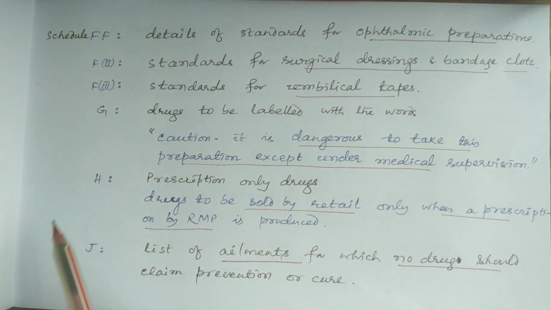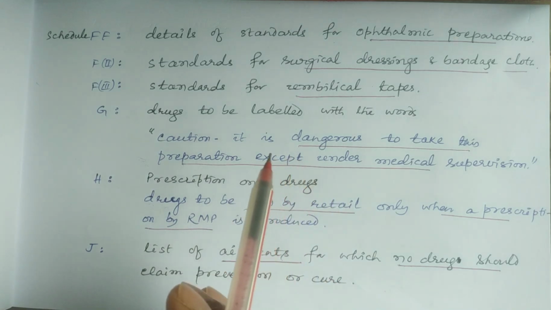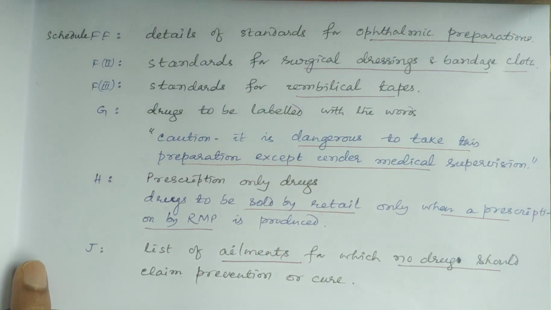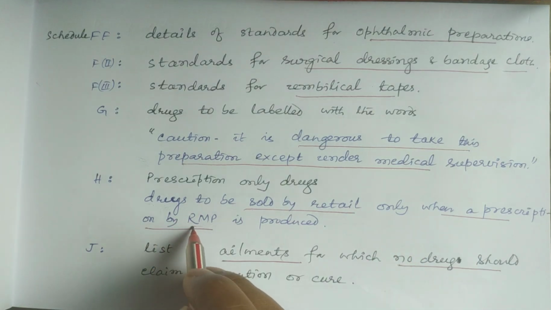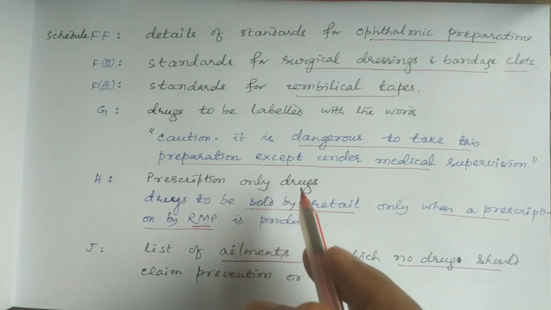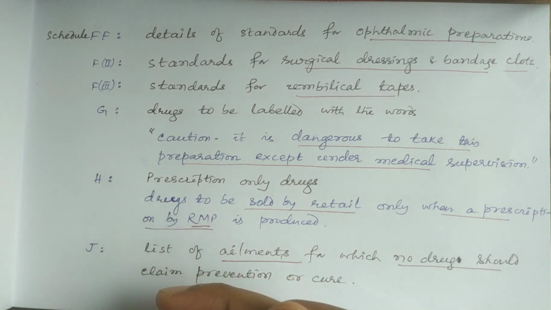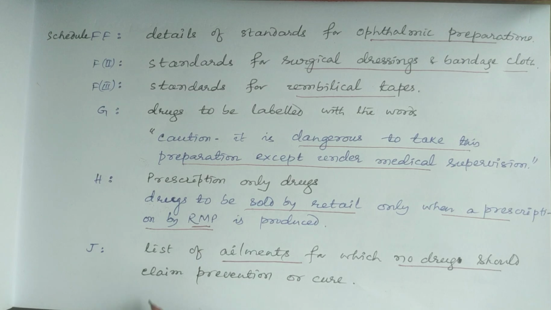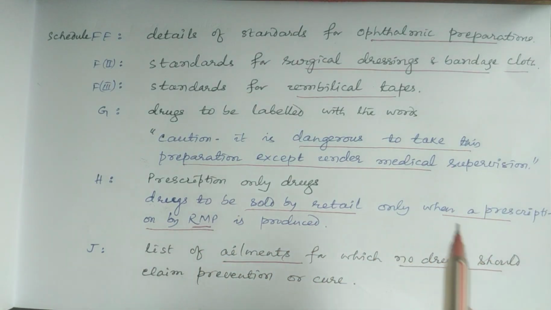Then Schedule H. Schedule H deals with all drugs which should be sold by retail only when it is prescribed by a registered medical practitioner, RMP. So we call them prescription only drugs, and most of the drugs are coming under Schedule H. So these are the drugs which need to be sold by retail only when there is a prescription by RMP.